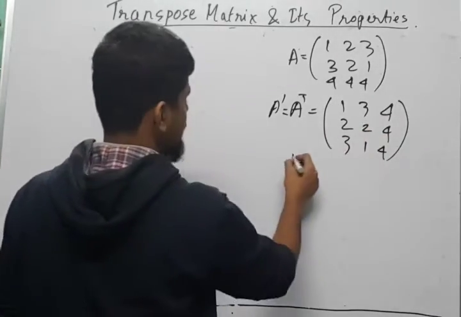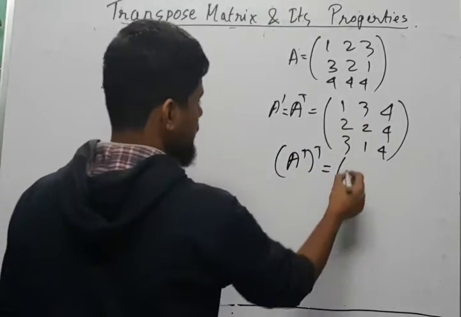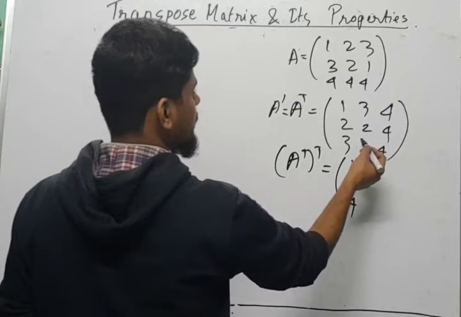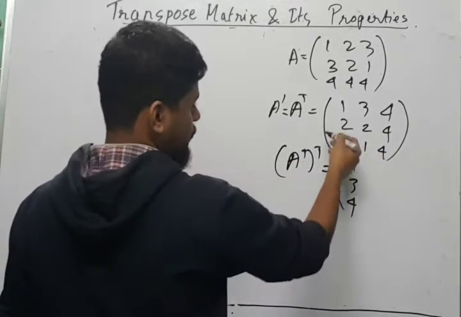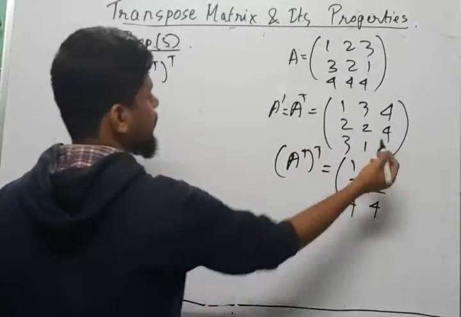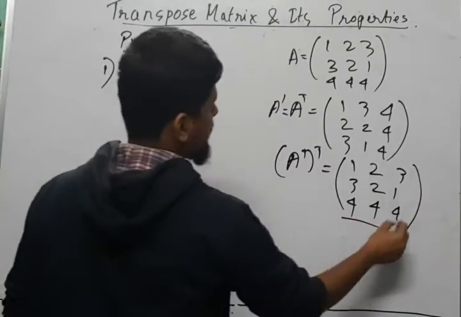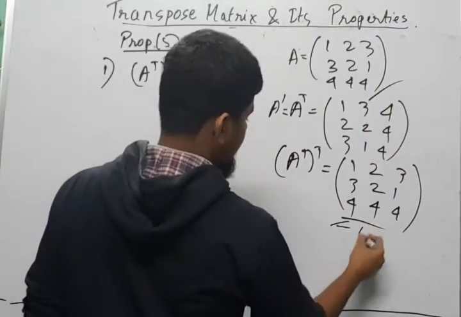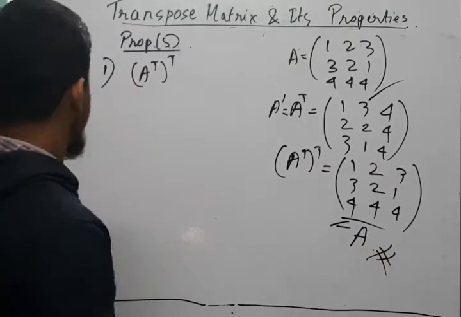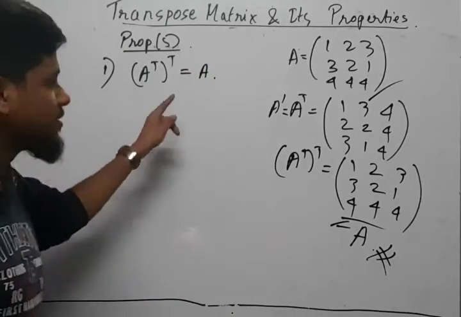If we again take the transpose of this matrix, the first row will become the first column, so this will be 1 3 4, then the second row will become the second column, so this will be 2 2 4, and the third row will become the third column, so this will be 3 1 4. As you can see, this matrix and the original matrix are the same. So the transpose of A transpose is again giving us the original matrix, which is A. So this is the first property.